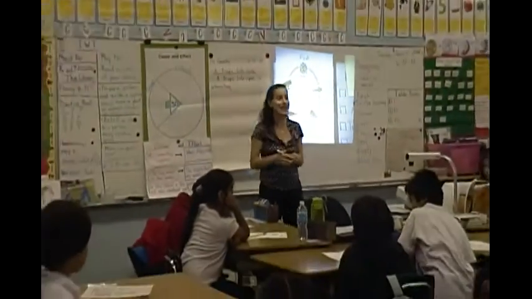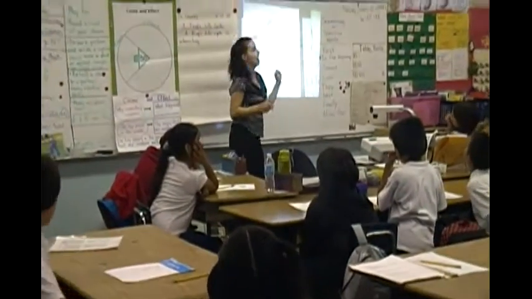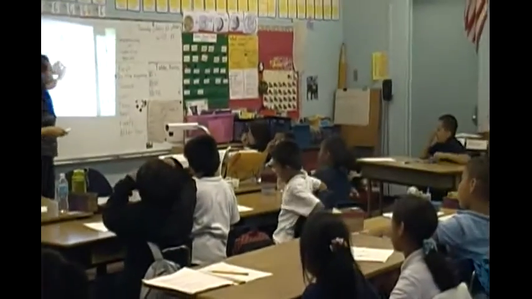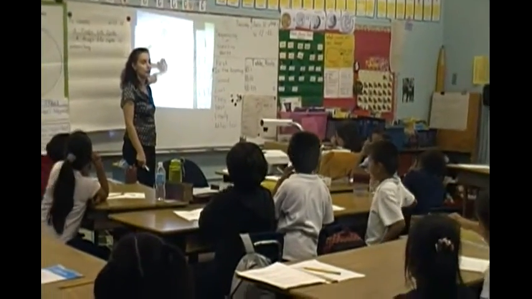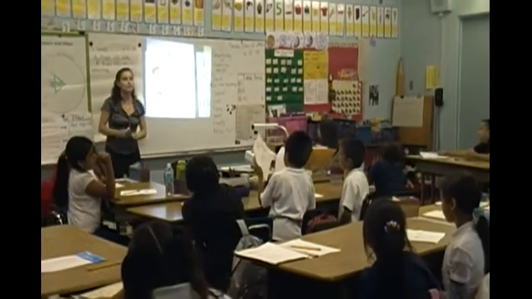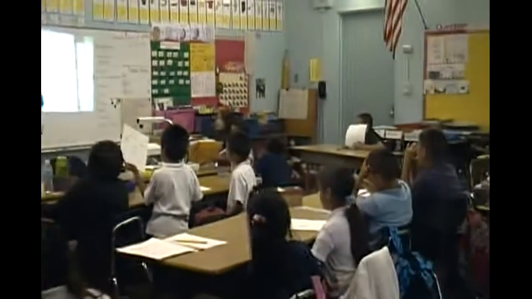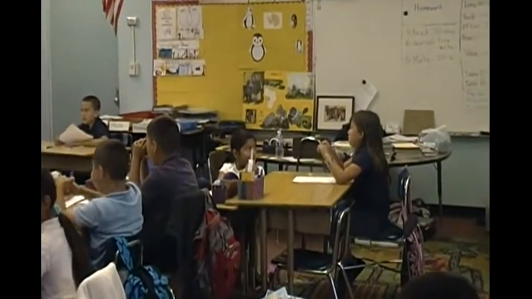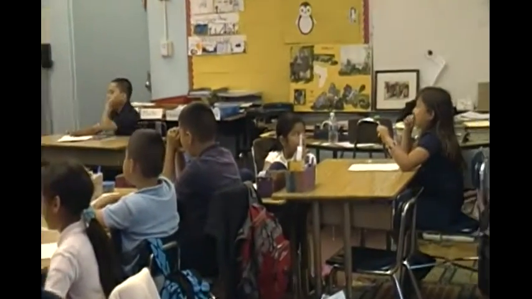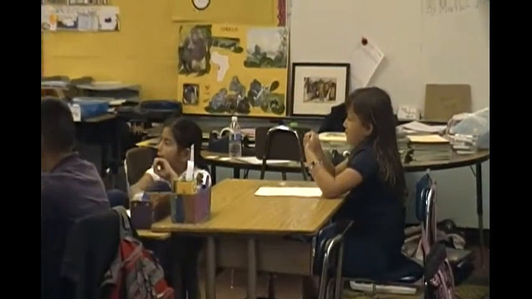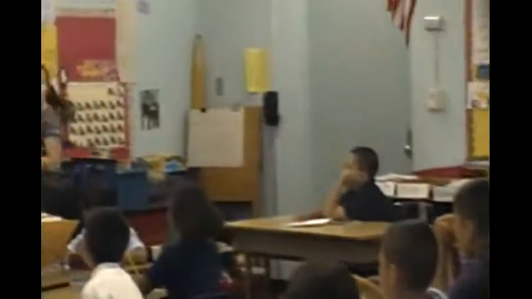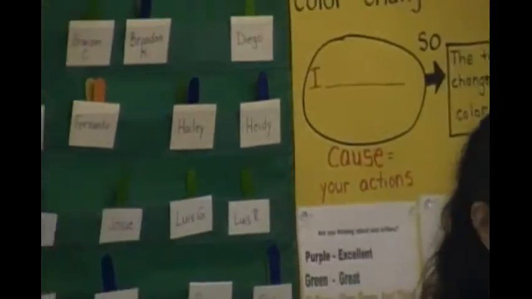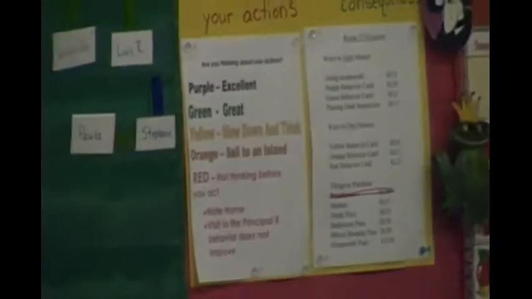Who can think of the next sentence we could use in our paragraph? Look at our chart, or look at the chart that you have. What could we say? First, a frog is in an egg.